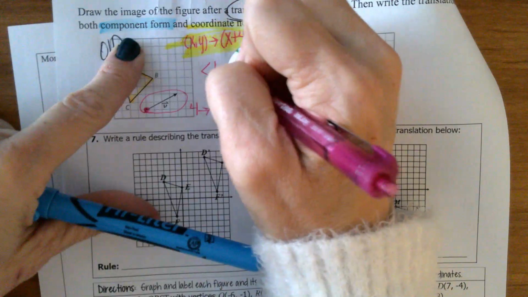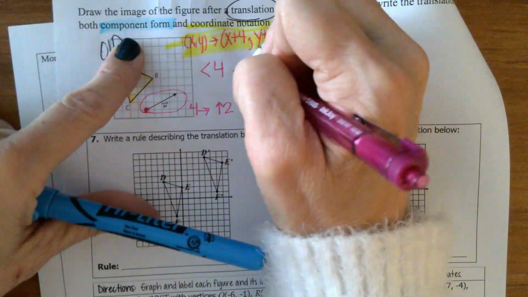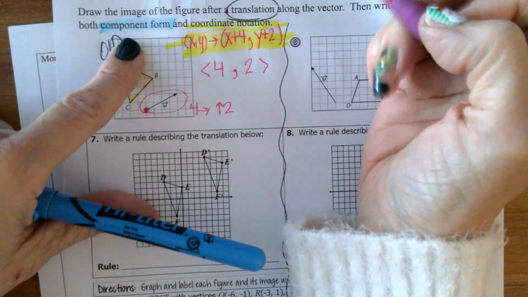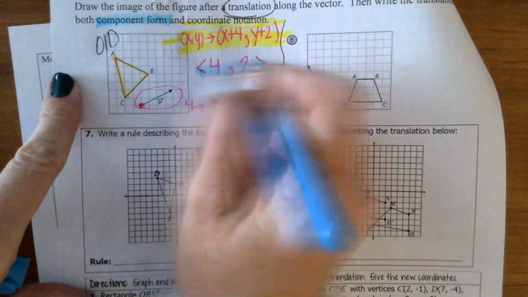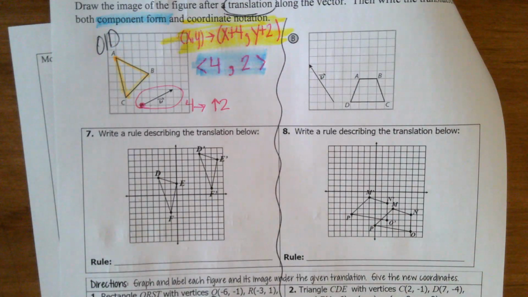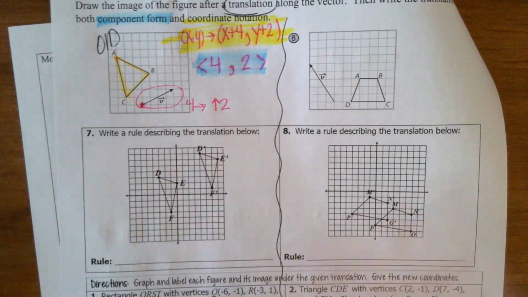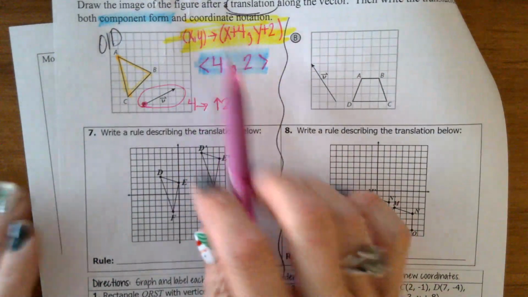I'm going to put a positive 4 because I'm going to the right, and I'm going to put a positive 2 because I am going up. So this is component form. You got to be able to write the movement using both of those rules. It's the same rule. The exact same thing, you're just writing it one way and the other.